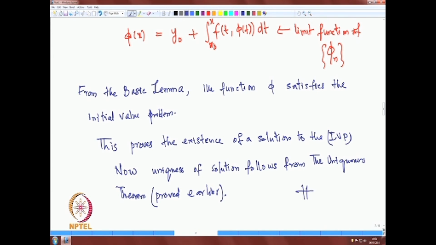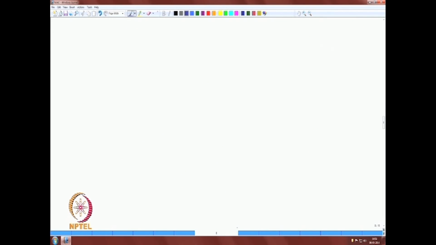So, this completes the proof of Picard's existence and uniqueness theorem. And a few things to remark.